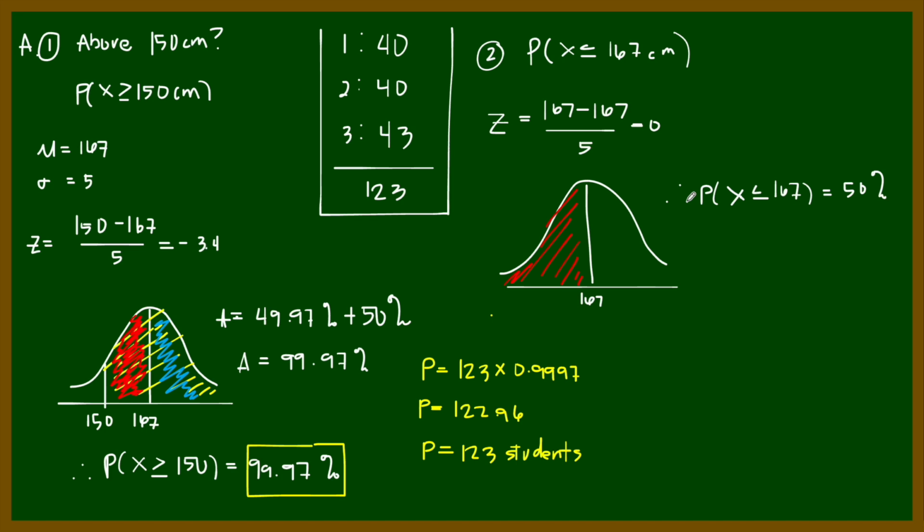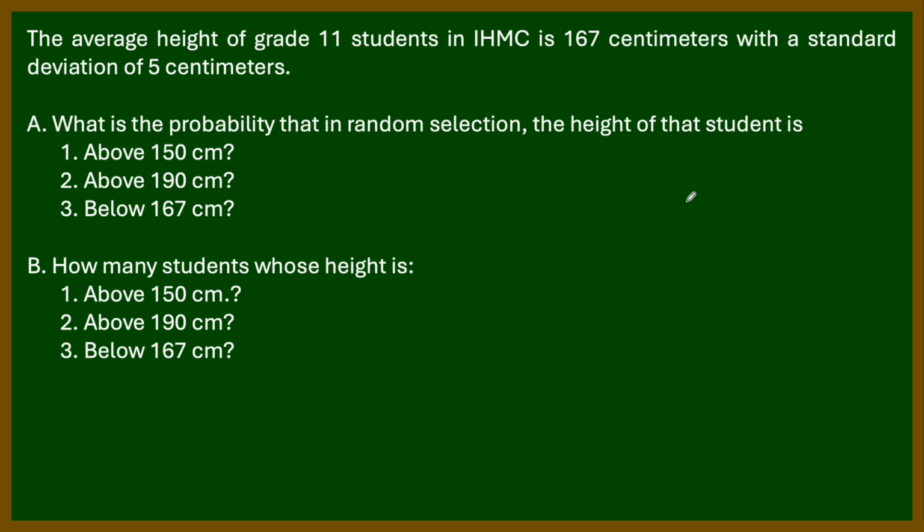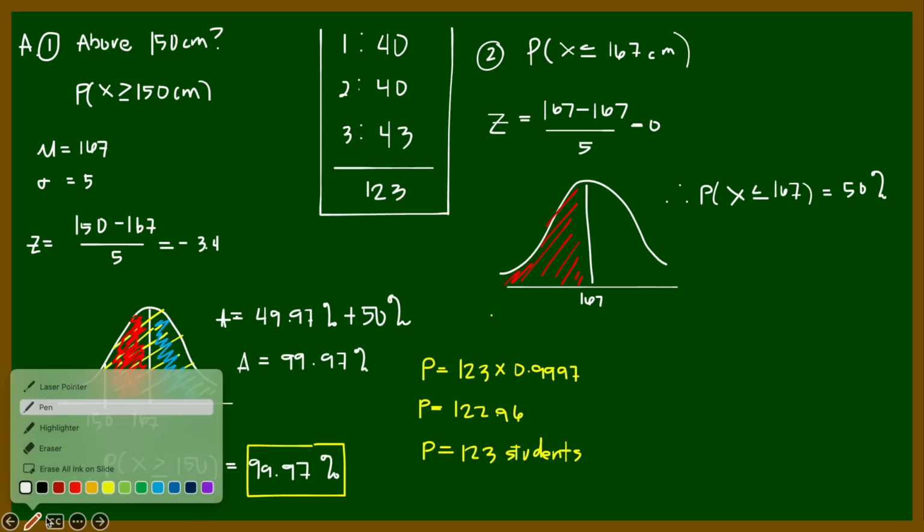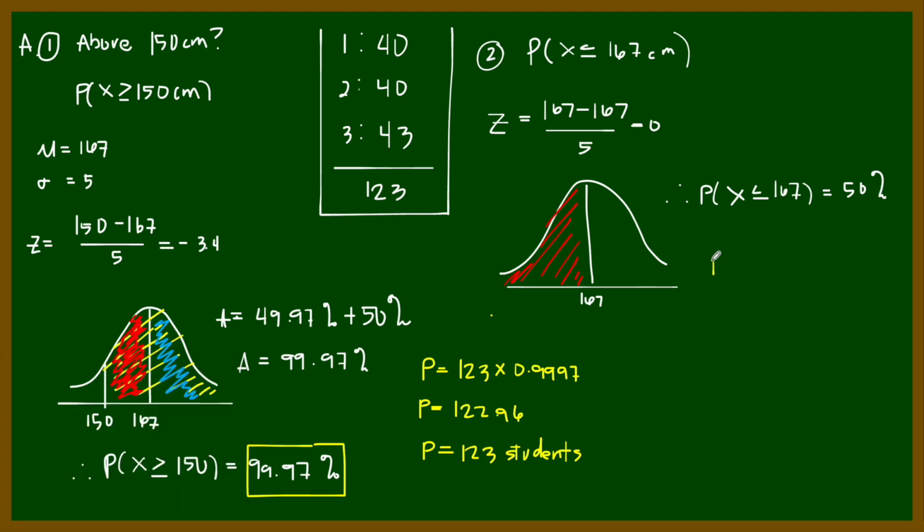Now, how many students are there whose height is below 167 centimeter? In that case, let's compute P is equal to 0.5 times 123. So, 123 times 0.5 or 123 divided by 2, that is 61.5.